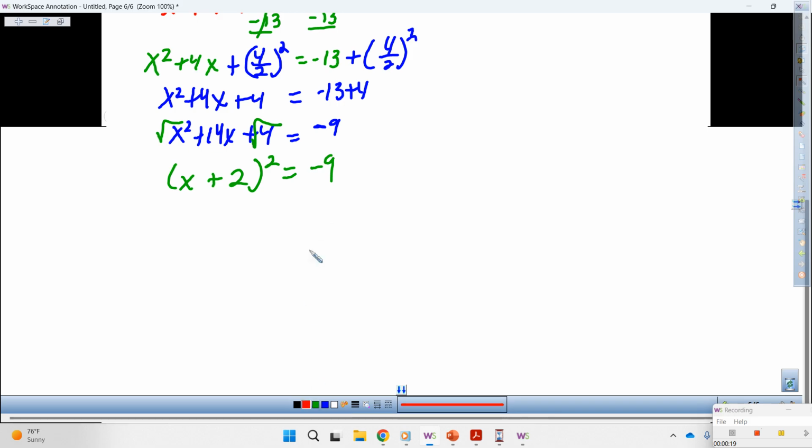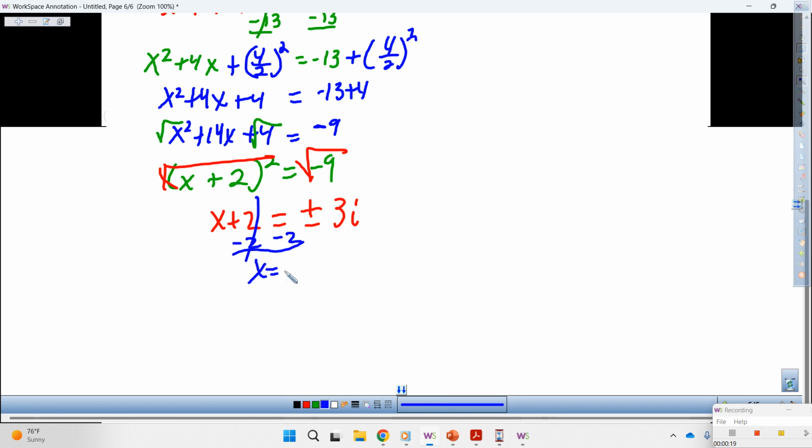And the last couple steps, pass them one. Square root, square root. We end up with x plus 2 equals plus minus what, everyone? 3i. That is correct. And last but not least, Mr. Q, minus 2 minus 2, x equals negative 2 plus minus 3i.